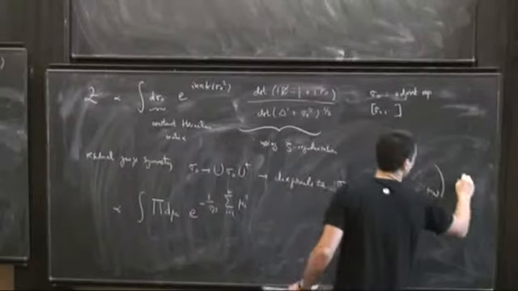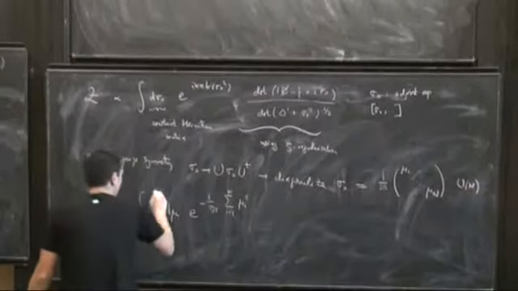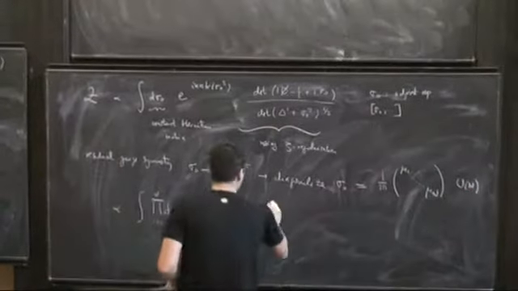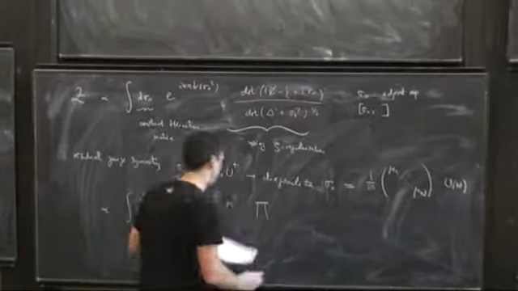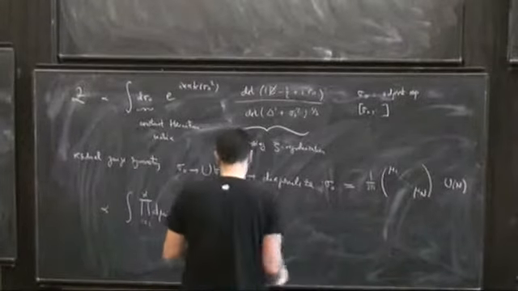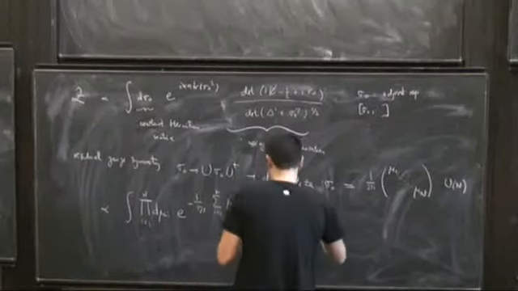I'm going to do this calculation for mu 1. So this is the measure of these guys here. And then it turns out that this can be evaluated pretty explicitly, and then what you get is a product over mu I.